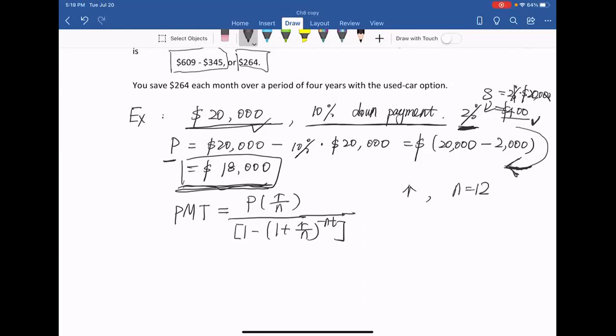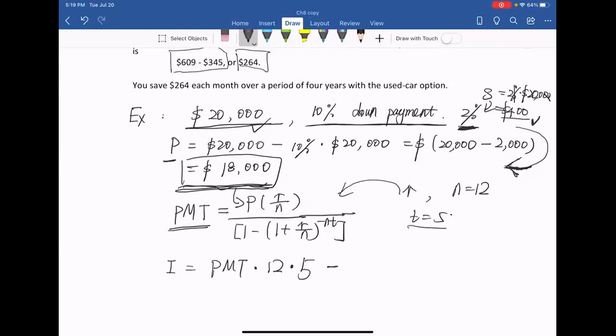N is 12, and how many years? Maybe T is 5. You plug all the information in it and the P in it, we can find the PMT. And then after finding the PMT, maybe the question asks you how much interest you need to pay. So use the PMT times 12 months a year, and how many years you need to pay for the loan.